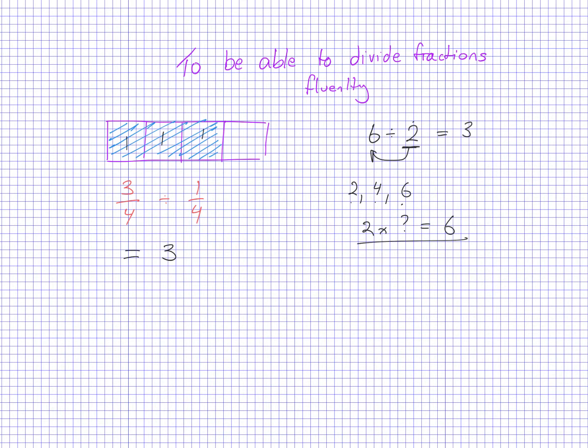If we do the second strategy here, we can have 3 times 1/4 equals, and if we follow our learnings from last lesson when multiplying, 3 is the same as 3 over 1. Numerator times numerator, denominator times denominator, that would give you 3. 4 times 1 is 4, so the answer would be 3/4. So that is the right number to sit here. 3/4 divided by 1/4 is 3.